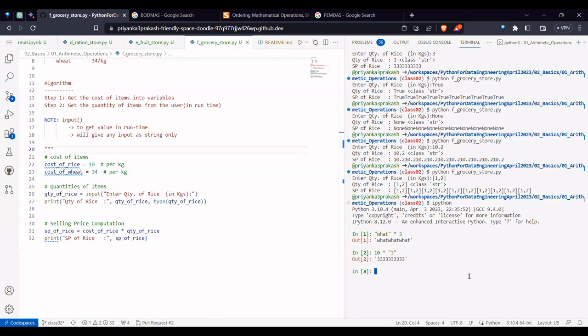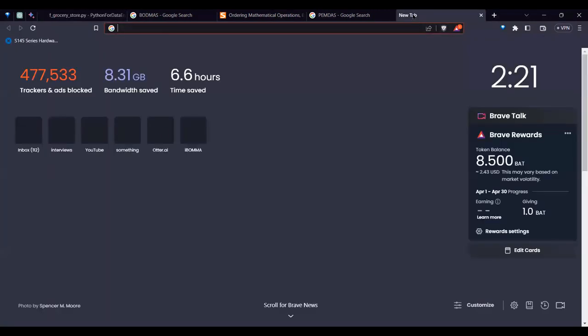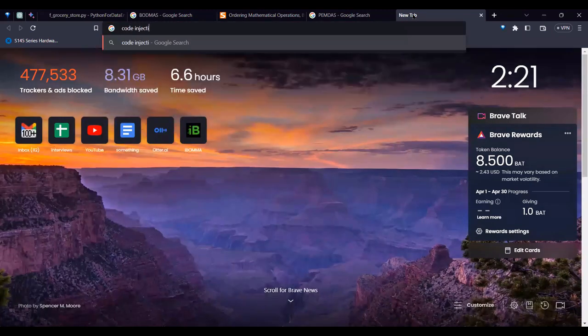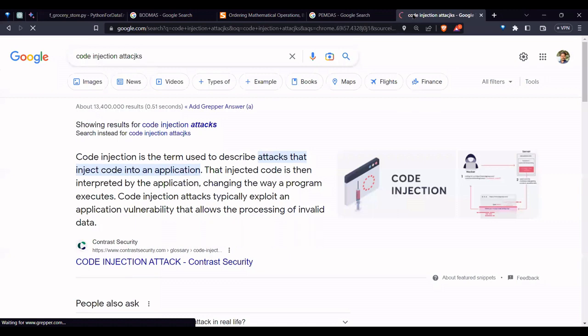So two things happened: this input by default is taking everything as a string. Now, why have they done it like this? There is something called SQL injection, or injection attacks to be precise, code injection attacks. You may not know all these things, but in the code they will inject something.